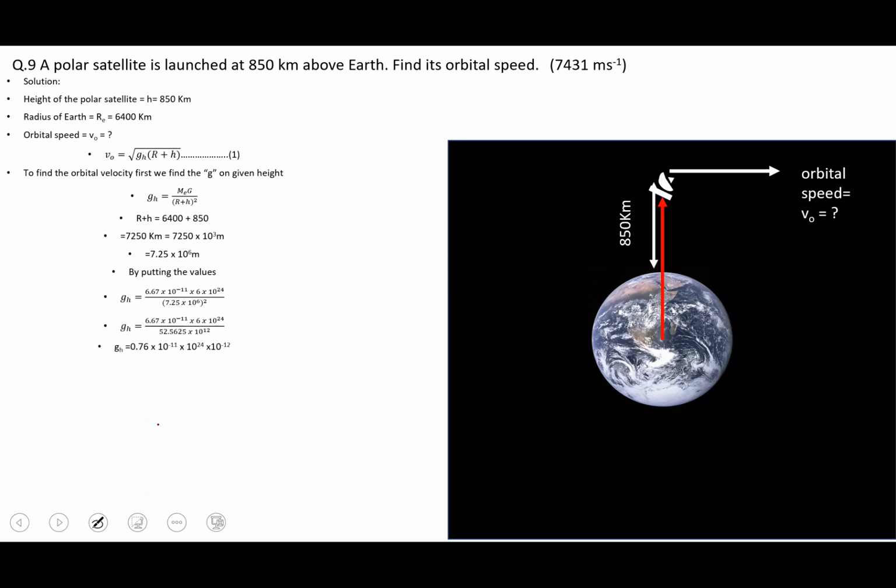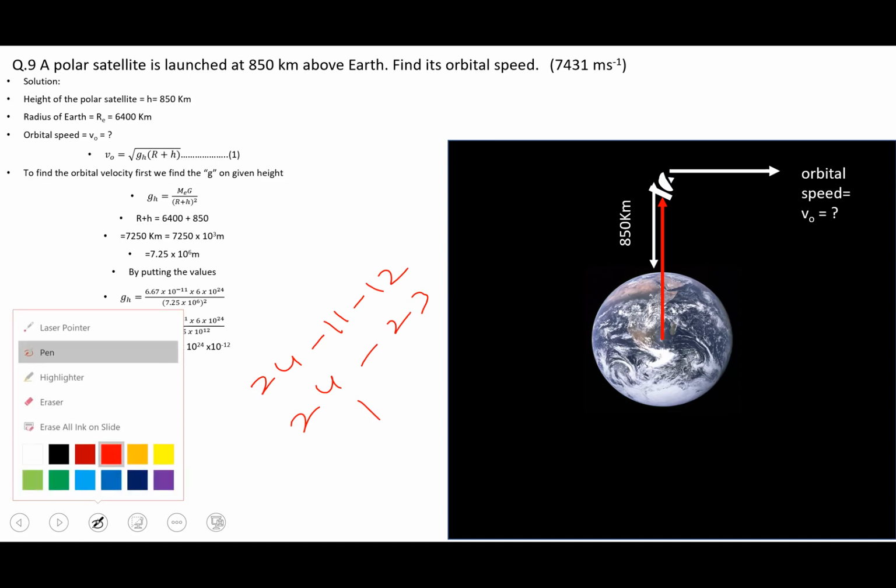We get 0.76 into 10 to the power minus 11 into 10 to the power 24 into 10 to the power minus 12. So we have 24 minus 11 and minus 12: minus 12 and minus 11 become minus 23, and 24 minus 23 equals 1.